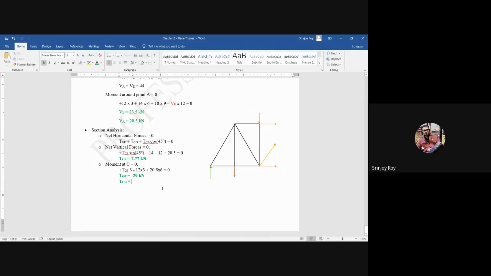Tell me how much it is. So 23.50, plus or minus? Plus, same as the problem.